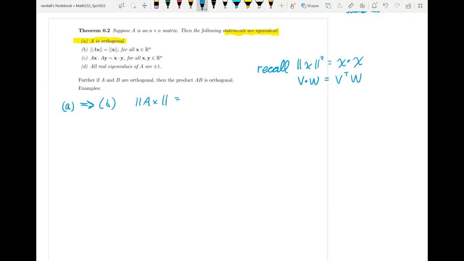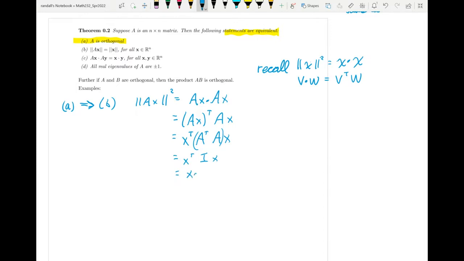So when I look at the norm of a vector, let's take the square of it. I know that's AX dotted with AX. Now I'm going to take the transpose of the first vector and multiply it onto the second, so AX transpose times AX. Using the transpose of a product, that turns out to be XT AT multiplying AX. And now I have A and AT together, which gives me the identity.